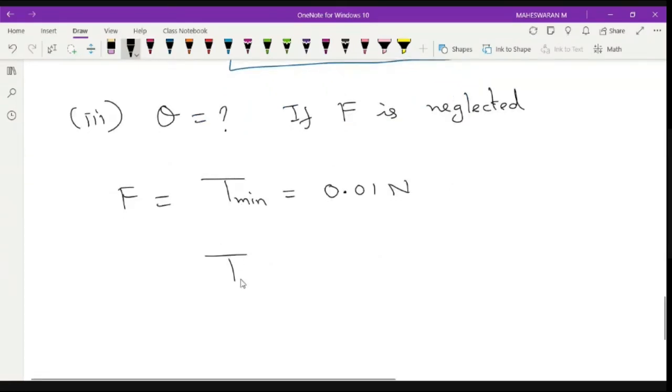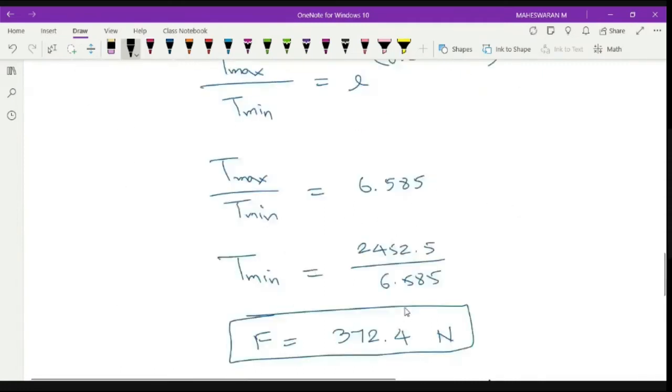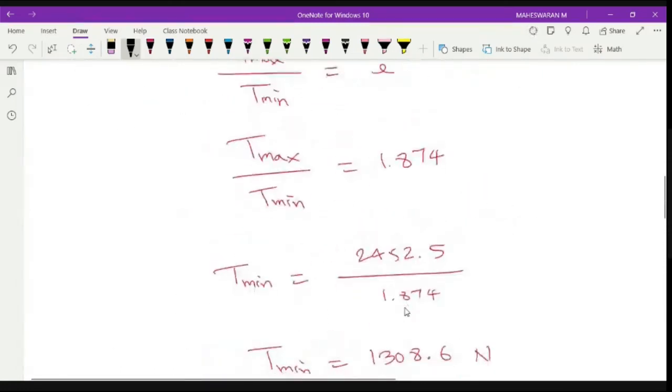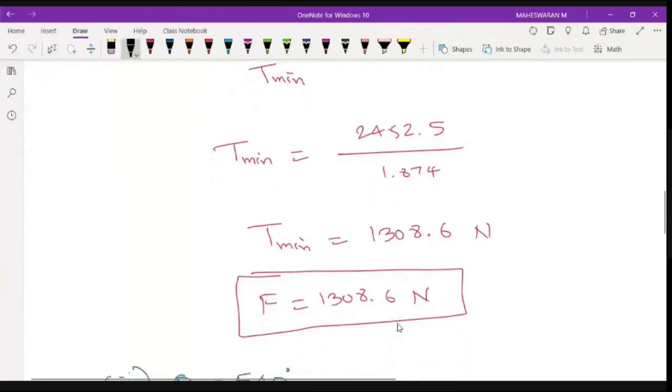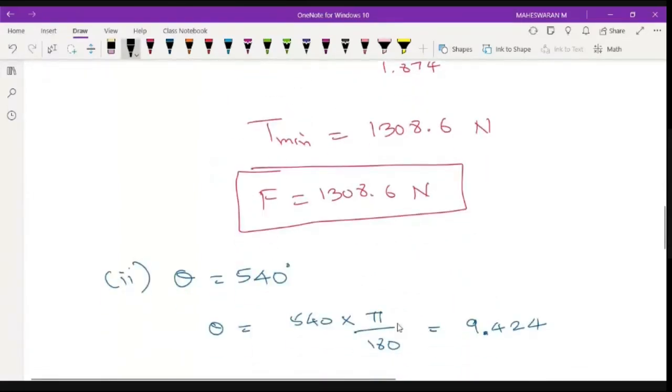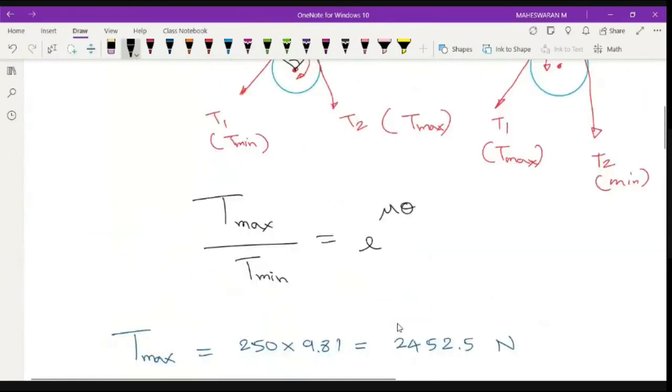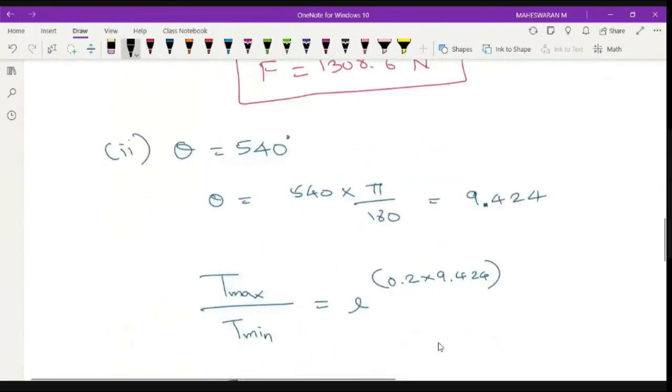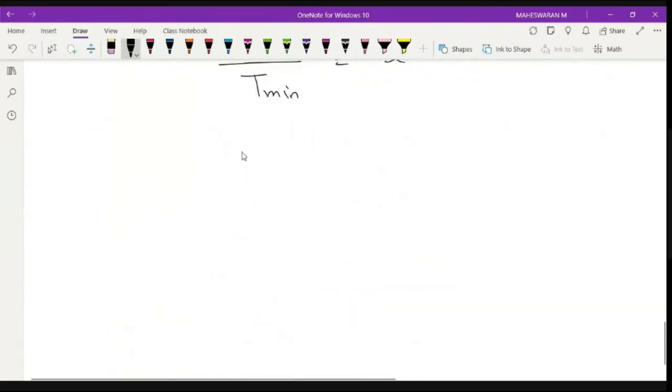So now I know what is my T max. T max by T min is equal to e power mu theta. T max I know, which is 2452.5. So 2452.5 divided by 0.01, a very, very less value, is equal to e power mu theta.